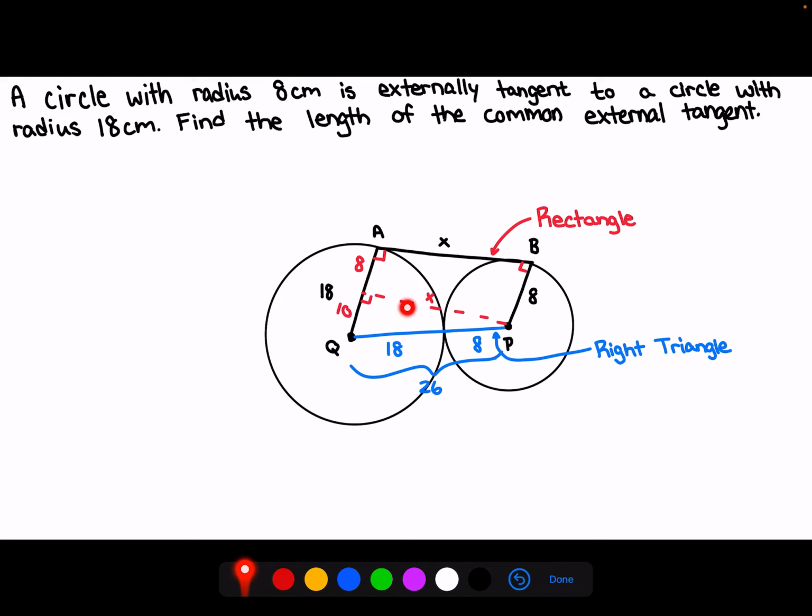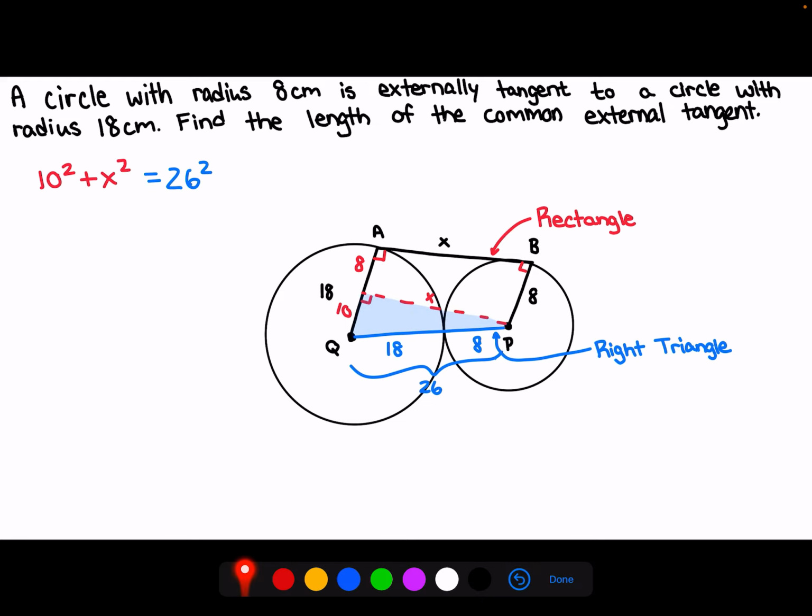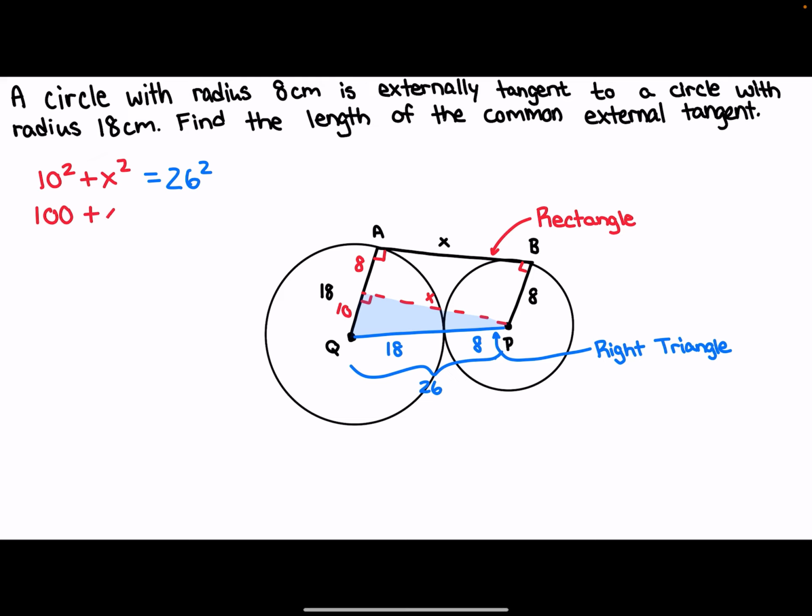Well, since this is a right triangle, let's go ahead and use Pythagorean's theorem to solve for x. I have a leg of 10, I have a hypotenuse of 26, and I have another leg of x. So that would give us 10 squared plus x squared equals 26 squared. 10 squared is 100, 26 squared is 676.